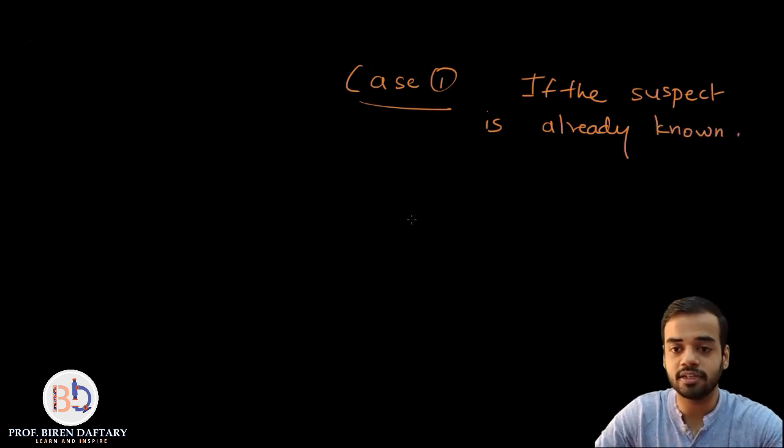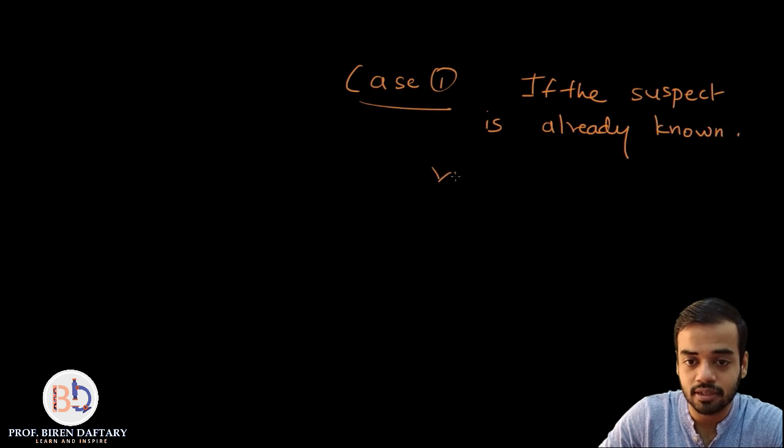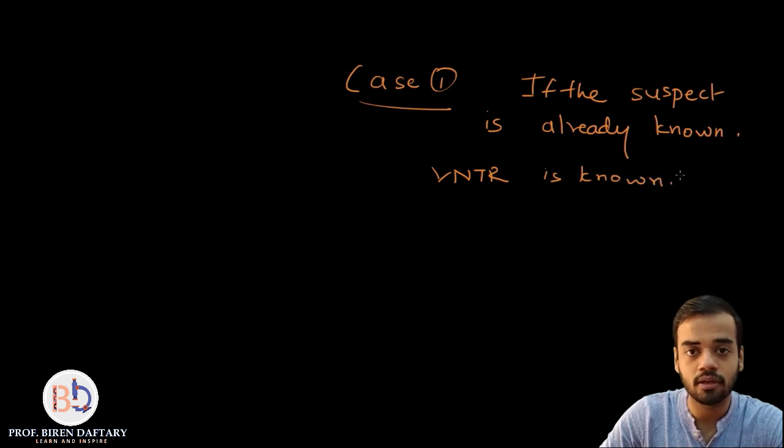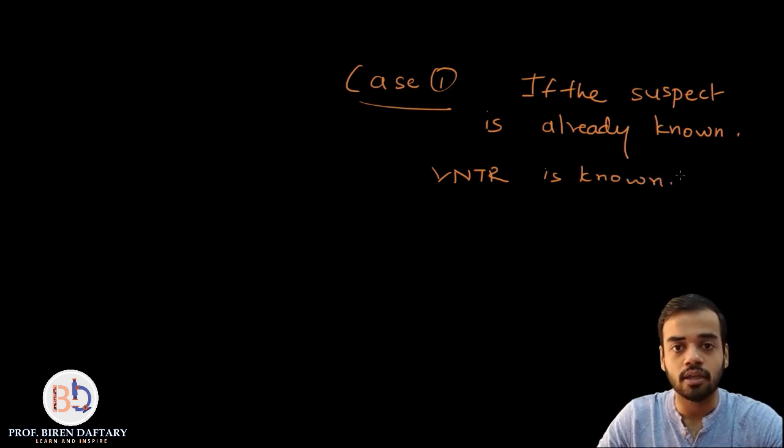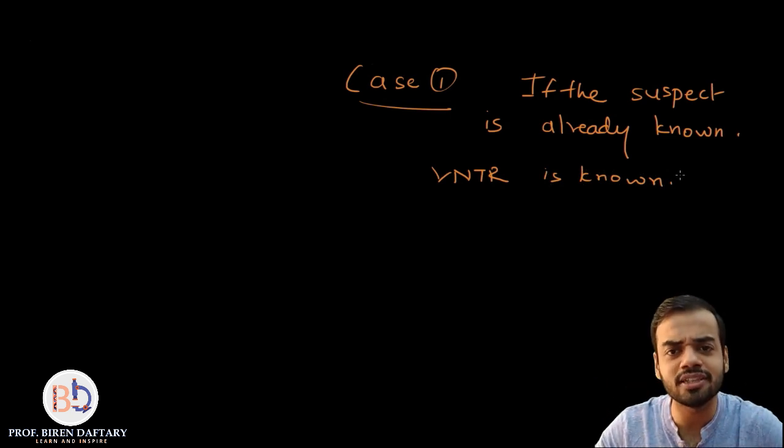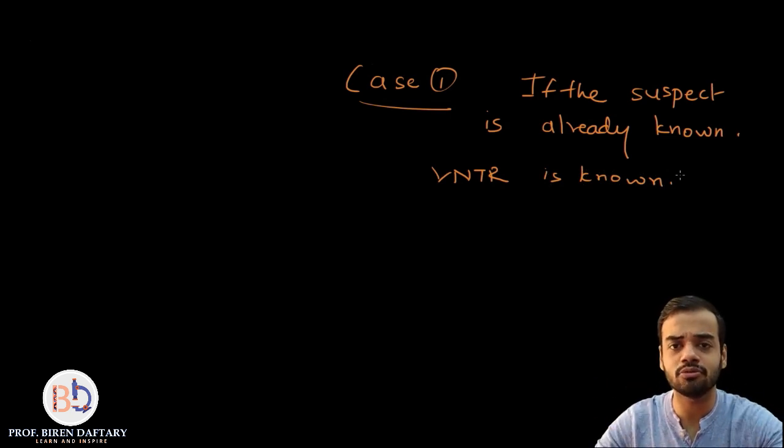So if the suspect is known, that means the VNTR of that suspect is known, correct? Because I have done all the genomic analysis, I know the entire gene sequence, so I know the VNTR.